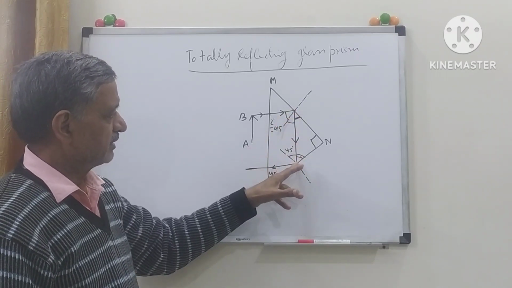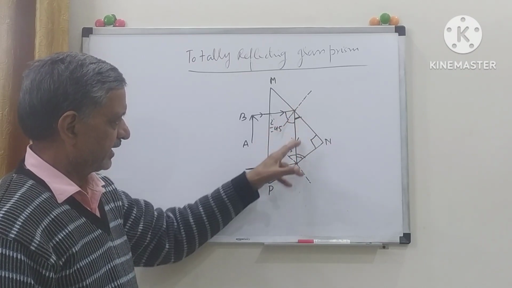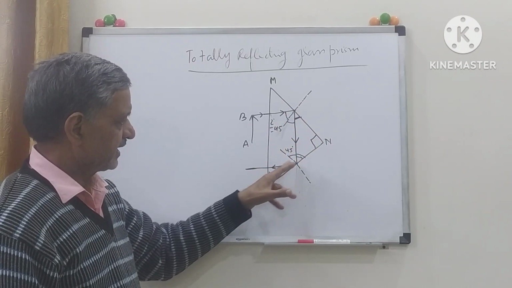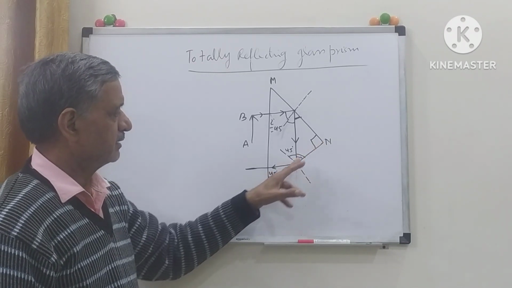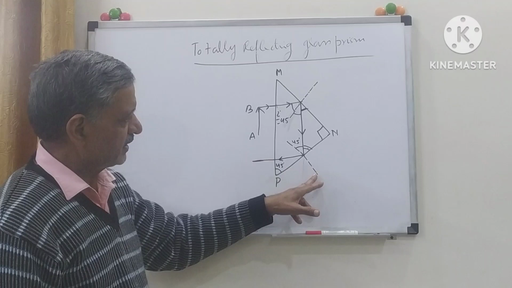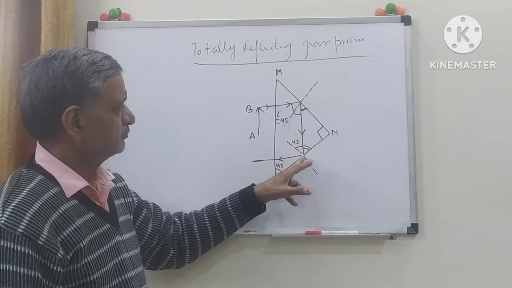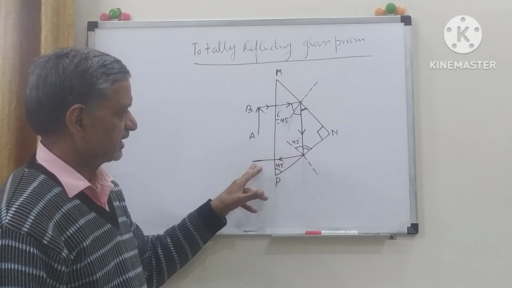So total internal reflection takes place. Now this reflected ray is incident on face PN. Again it is not normal, so we will draw normal here. So angle of incidence is again 45. So total internal reflection will take place here also.